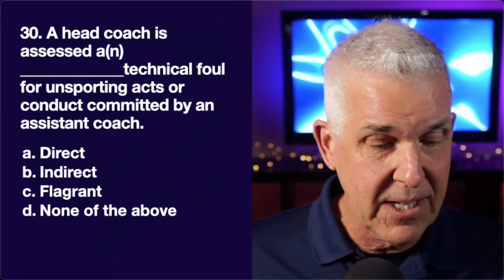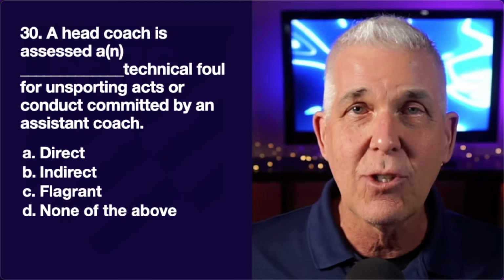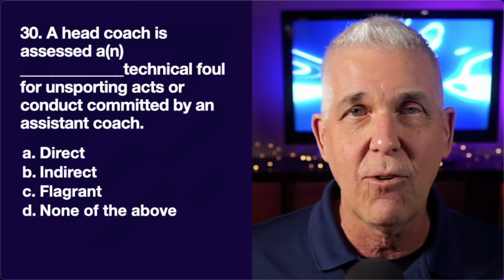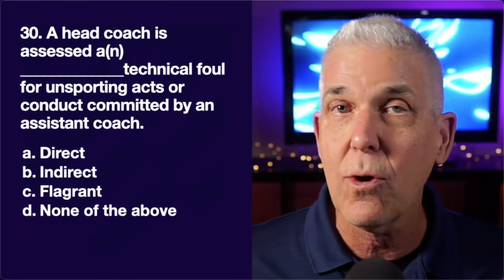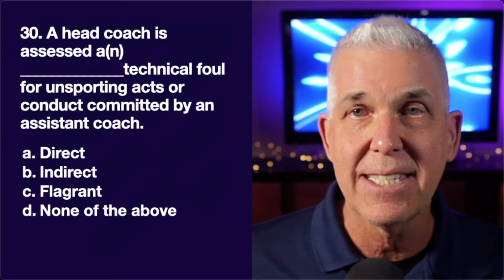As we've reviewed previously, the head coach is responsible for the behavior of bench personnel. If bench personnel, that individual, receives a technical foul, the head coach bears responsibility for that behavior and receives an indirect technical foul by rule. So in this situation, the head coach is assessed an indirect technical foul for unsporting acts or conduct committed by an assistant coach.